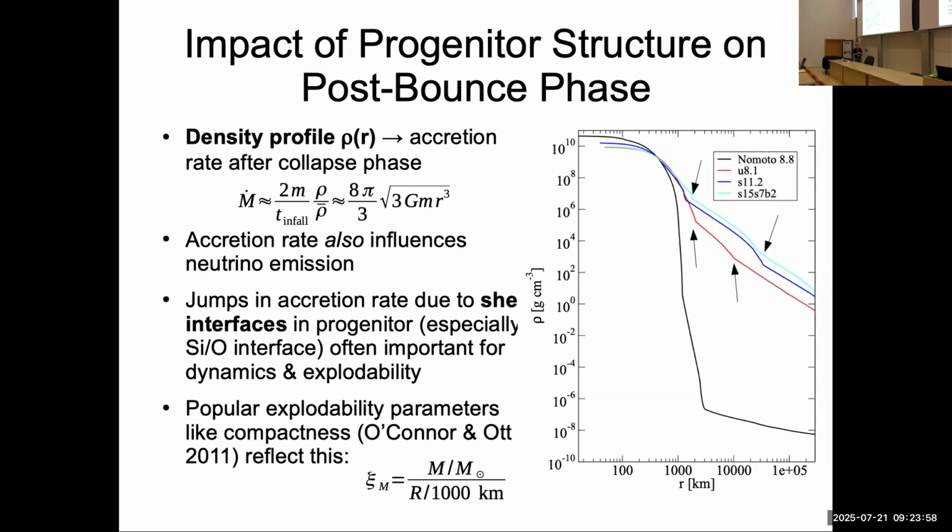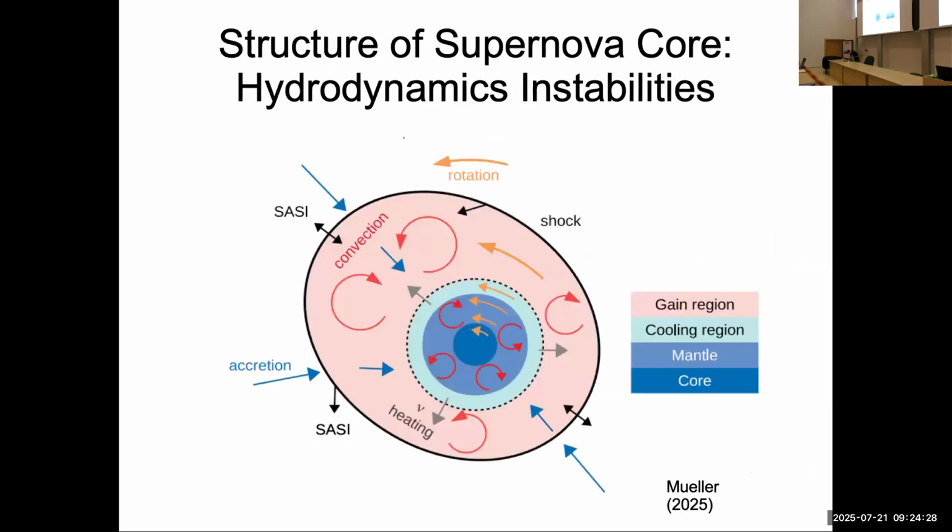They effectively reflect that these shell interfaces really play a critical role. They critically influence the shock position by giving us a point where the accretion rate, and hence the ram pressure on the shock, can drop relatively abruptly, and then trigger altered dynamics in the balance between the stabilization of the shock by ram pressure and the heating behind the shock wave.